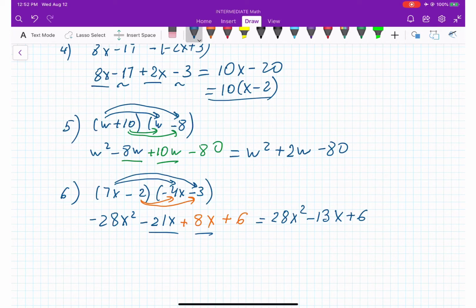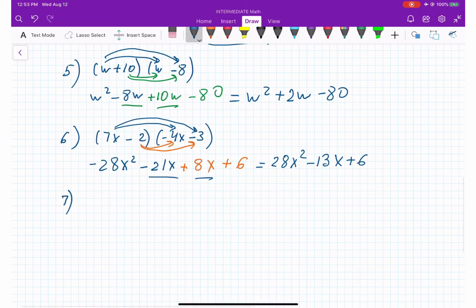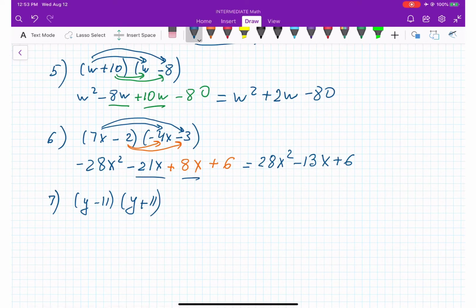Okay, moving to question number 7. So what do we have? y minus 11 times y plus 11. Okay, this is formula a minus b, a plus b.